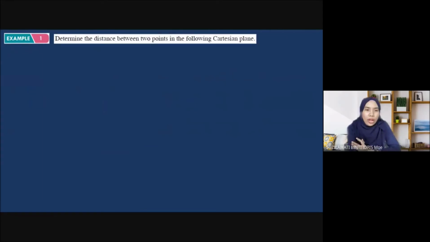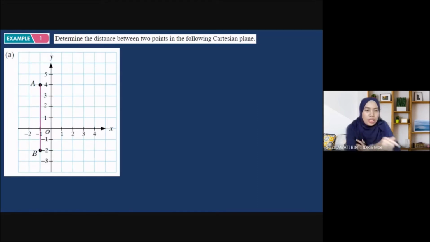Okay, look at example 1. The question is to determine the distance between 2 points in the following cartesian plane. Okay, macam mana kita nak determine? Dia bagi graph ni. Now we need to determine distance between 2 points from A to B. What is the distance between A to B?